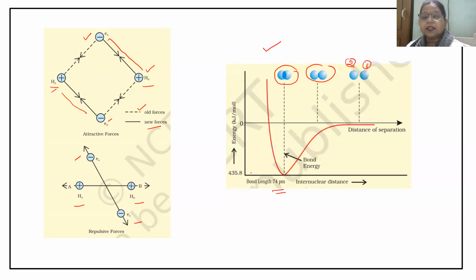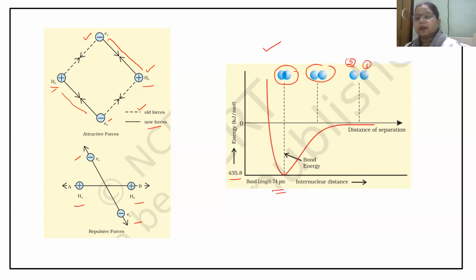Similarly, the energy corresponding to this is 435.8 kilojoules per mole. So that means when the two atoms of hydrogen are coming closer to each other, there will be a point where the attractive force is highest, and that point is referred to as bond length, and the energy corresponding to it is called bond energy, right?